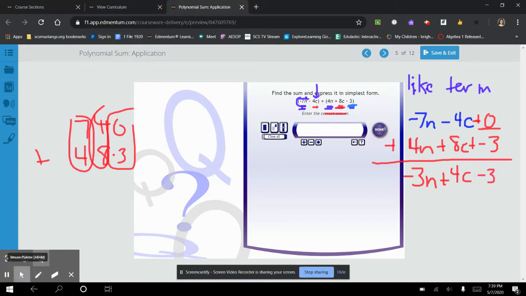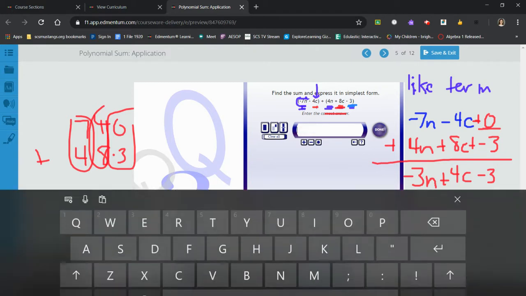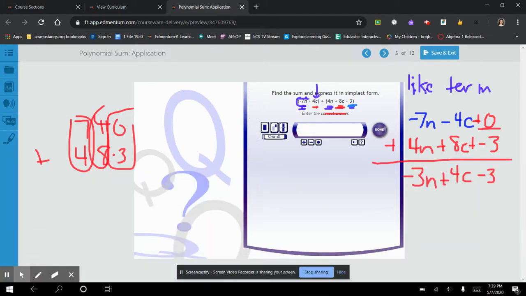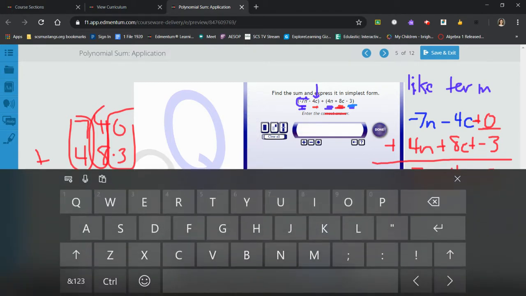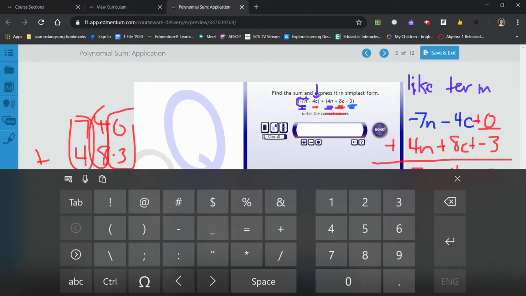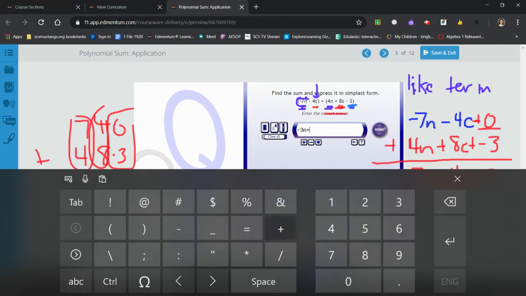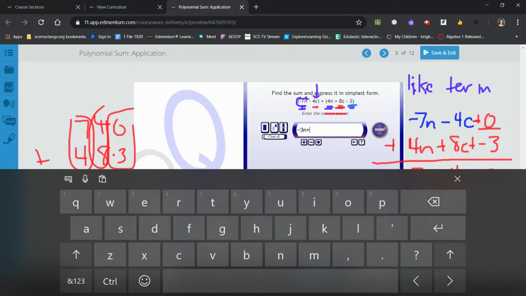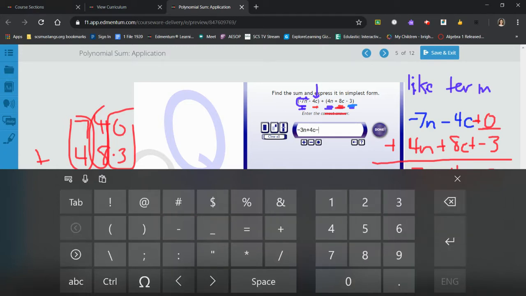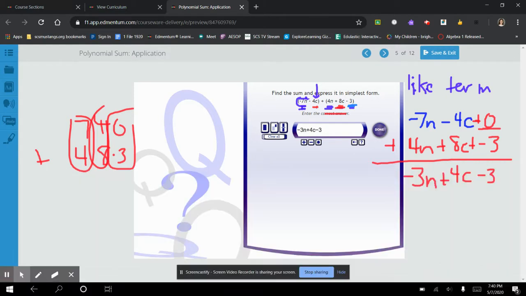If I type that in, I've got negative 3n plus 4c minus 3. There's how those work.